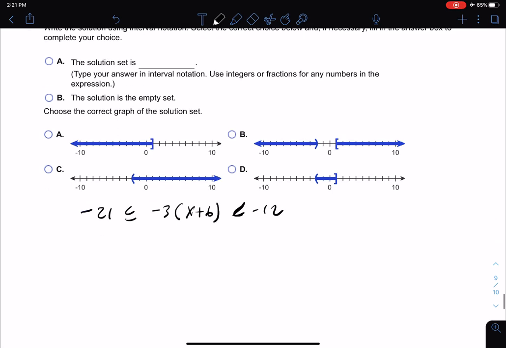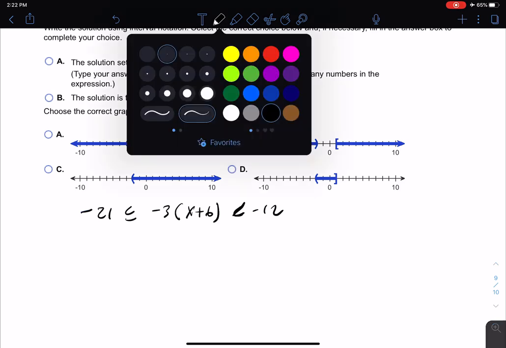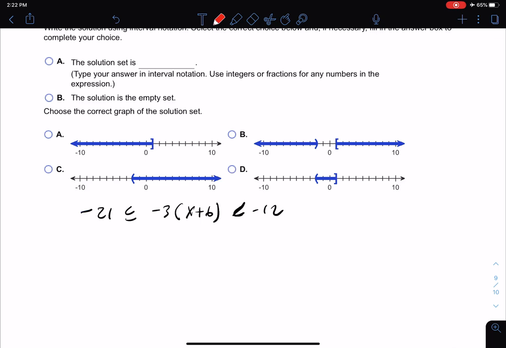Some people are going to have the knee-jerk reaction to distribute, and you wouldn't be wrong. And as they say, I wouldn't be mad at you. But I think it'd be easier just to get that thing out of there. Negative 3 is being multiplied by that whole quantity, right? If I want to undo that, just divide all pieces by negative 3.